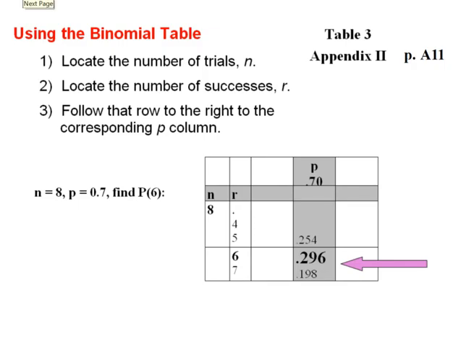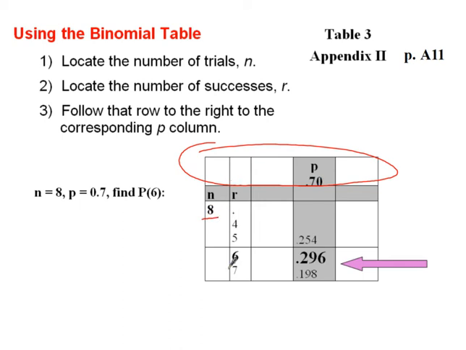And here's how you can pull that off by looking it up in the table. So again, you look at that table. On the top part here, you're going to have a bunch of different probabilities listed. You're going to look for p equals 0.7 because the probability that she hits the target is 70%. On the side, you're going to look for the grouping of n equal to 8, and you're going to see a bunch of different r's.